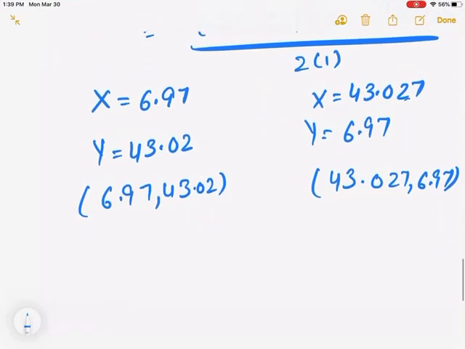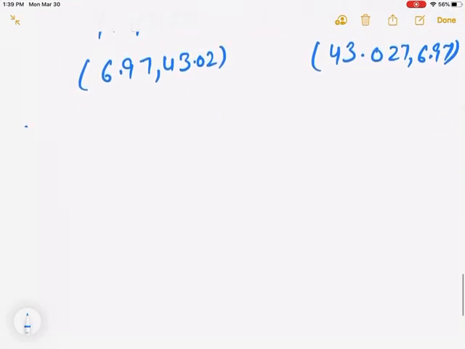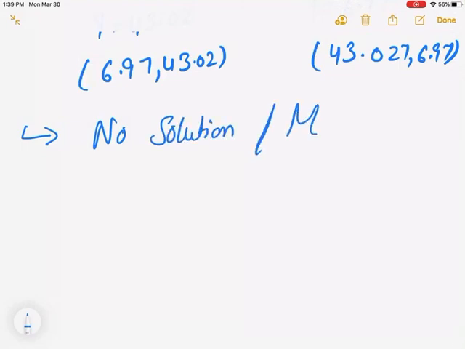And the last thing, how to check if it's a no solution or many solutions problem. Just like elimination, if you remember, all the x's and y's, all the variables, get canceled out. Then it's based off a true or false statement. The same thing happens for substitution.